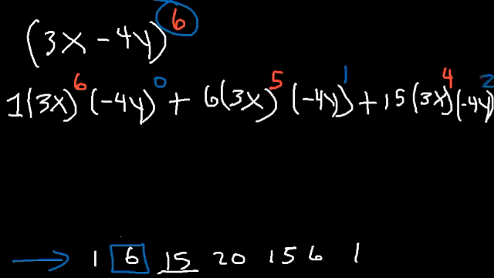The next one's going to be 20 times 3x to the 3rd power times negative 4y to the 3rd power.